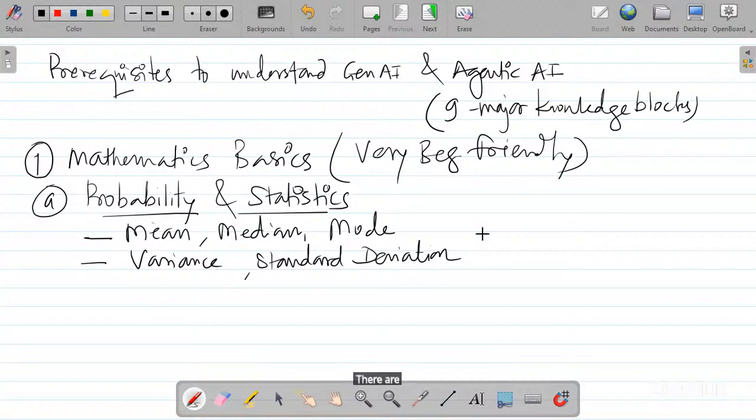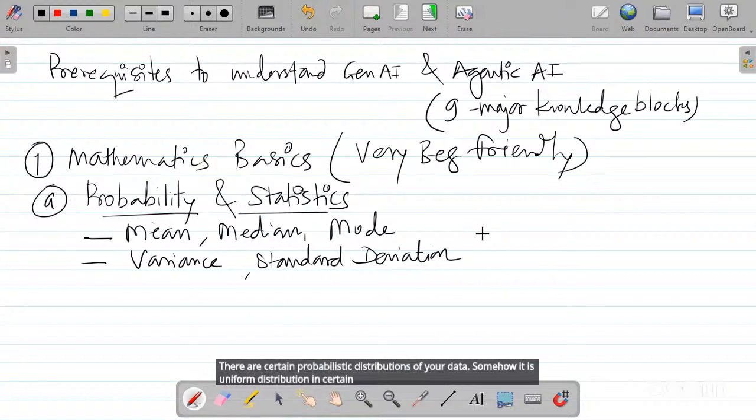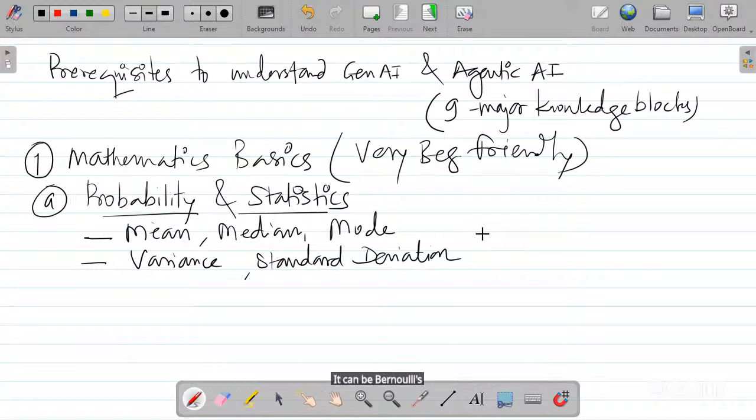There are certain probabilistic distributions of your data. In certain cases it is uniform distribution. It is normal distribution, or you can call it Gaussian distribution. It can be Bernoulli distribution. It can be binomial distribution. So your generative AI is using this probabilistic distribution to choose the output. So definitely that question is there, how this generative AI is choosing the output.